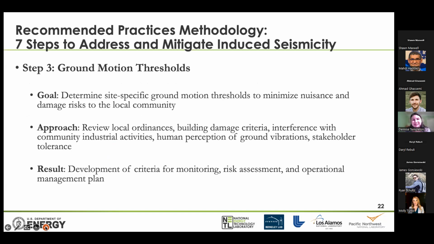The next part is looking at ground motion thresholds. Which ones are important at the bare bones? So we want to determine site-specific ground motion thresholds to minimize nuisance and damage risks to the local community. So we're going to suggest that people review the local ordinances, building damage criteria, interference with community and industrial activities, for instance, the human perception of ground vibrations, and various stakeholder tolerances.